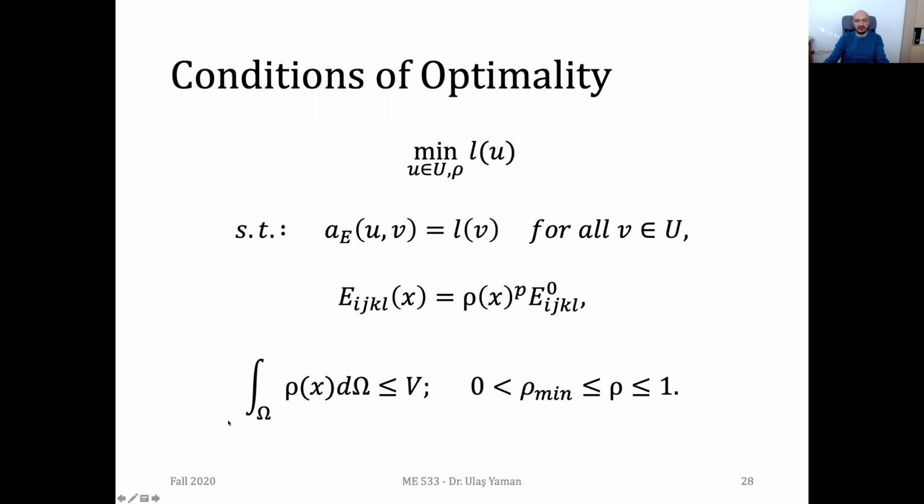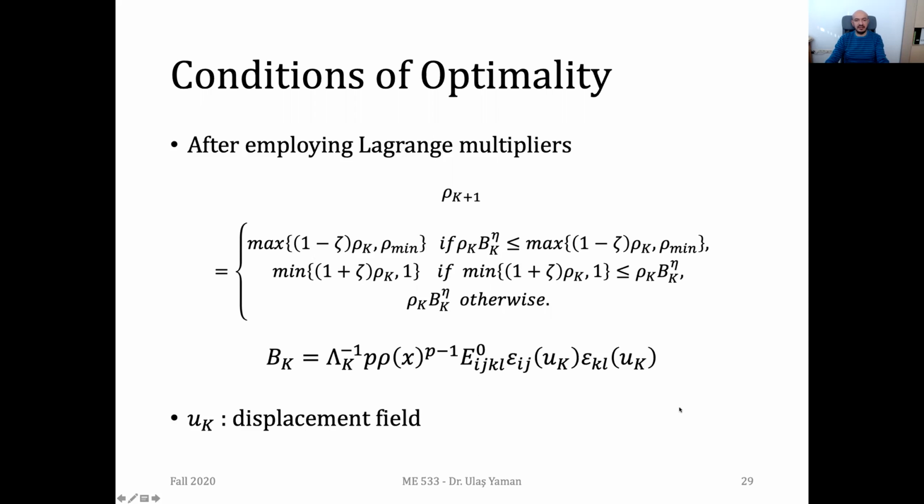We have the volume constraints, and our densities should be between 0 and 1. And in between iteration steps, we do some computation to determine the new density value for a specific element. And this time, with the help of Lagrange multipliers, we have some parameters here.